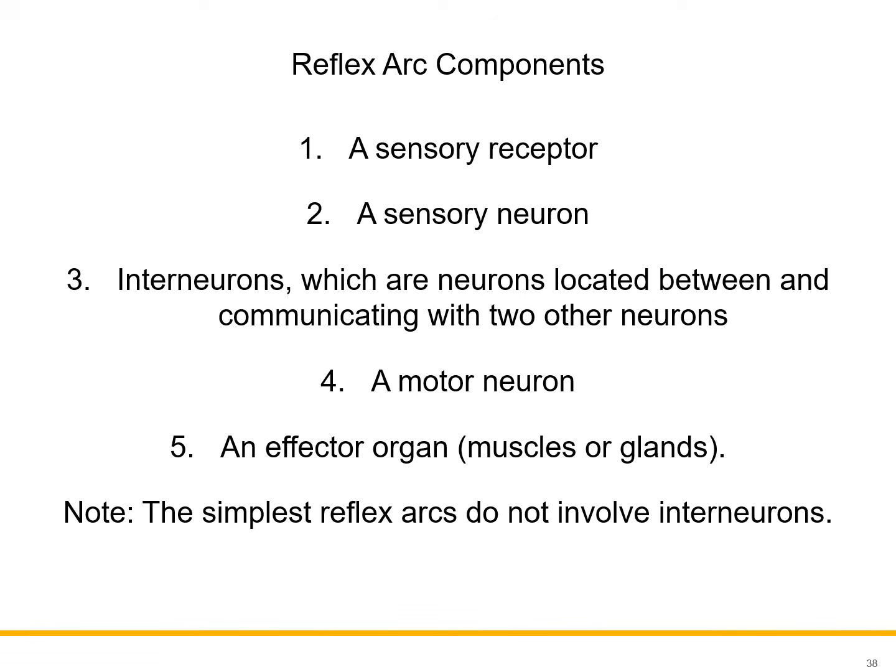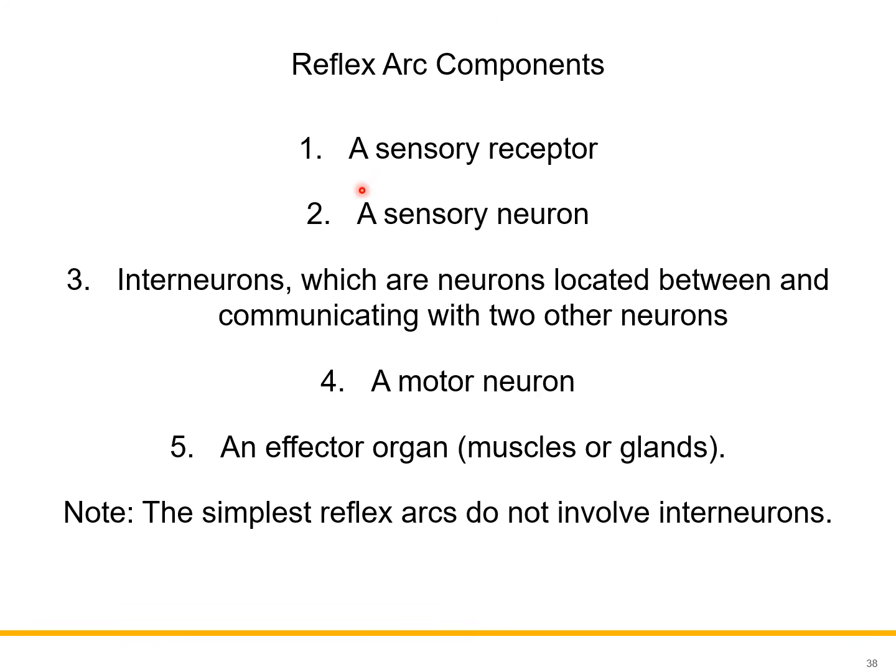Here are the 5 easy steps on how stimuli is processed to produce a reaction. Char, infomercial yun. But yeah, that's how it is. We call it the reflex arc, and it's basically the steps on how stimuli is received and processed to make a reaction. So number 1, a sensory receptor would receive the stimuli.